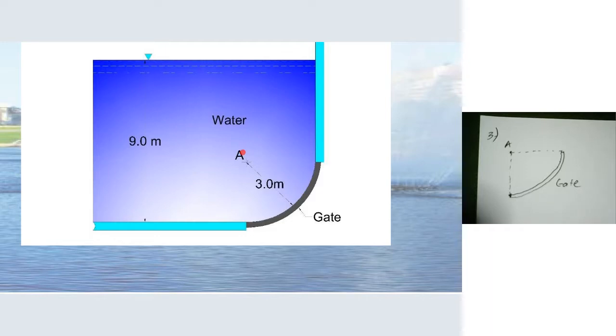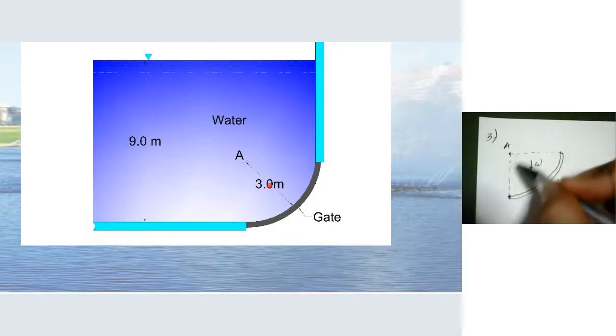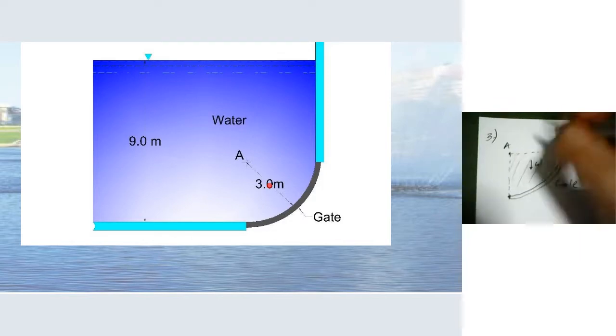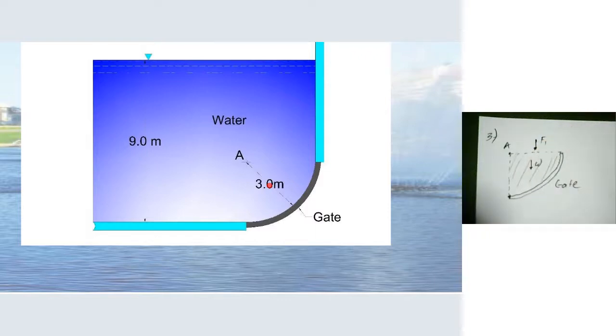The question now is, what are the forces that are exerted on this gate? We have the weight, of course, of this water. When we say weight or W, this is just the weight of this quarter circle. We also have F sub 1 here. Now, what is F sub 1?